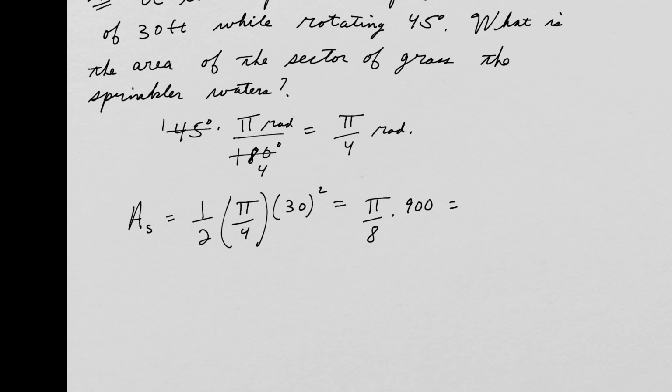It's around 353, and it's an area, so it'll be feet squared. Whatever the unit is for the radius, it's going to be that squared, so in this case feet squared. So that's how much area would be covered by the lawn sprinkler.